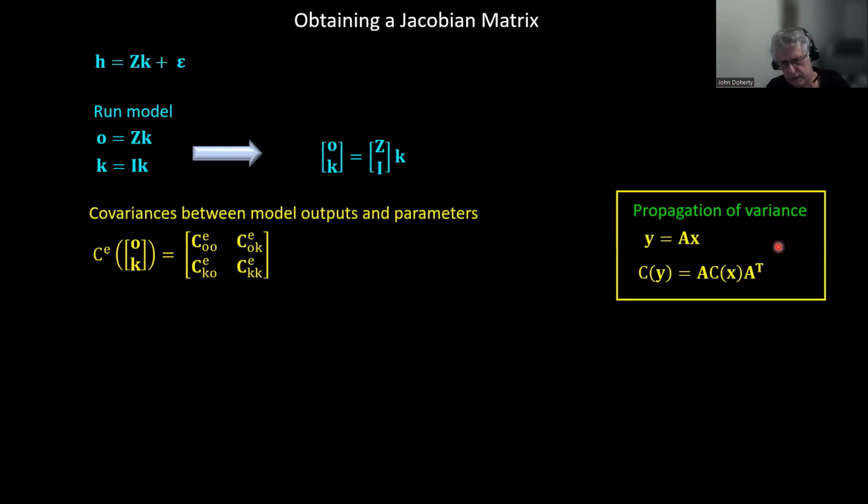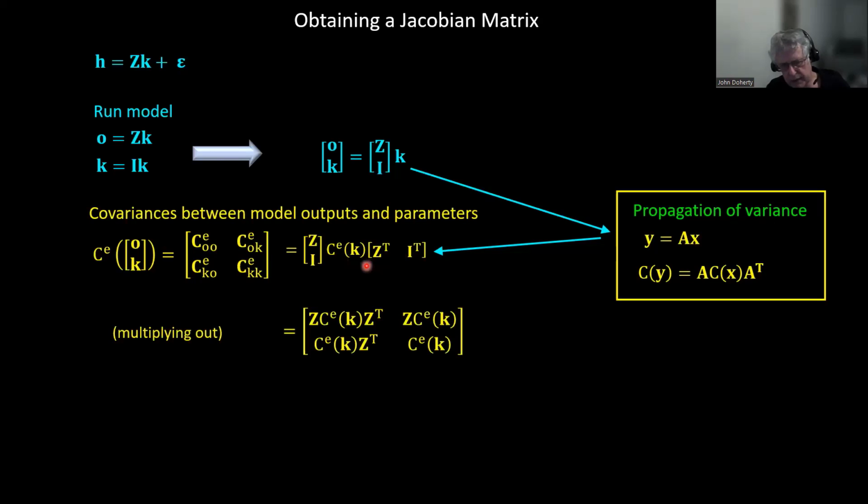Now, let me apply our old friend, propagation of variance. Let me apply it to this equation. So if I apply the propagation of covariance to this equation, I obtain an explicit equation that allows me to calculate these sub-matrices. Let me apply that equation. There it is.